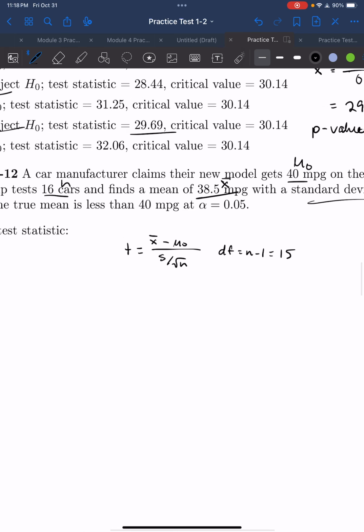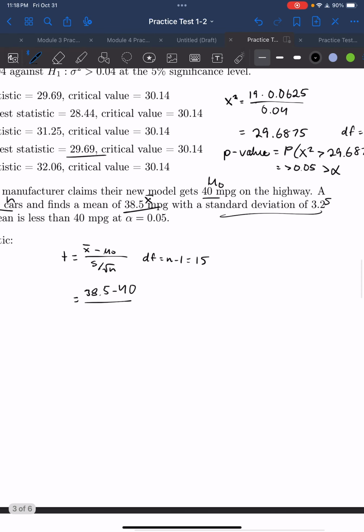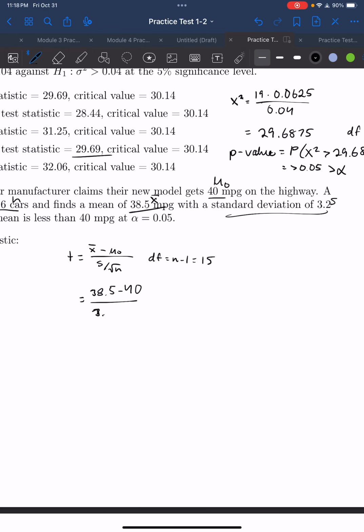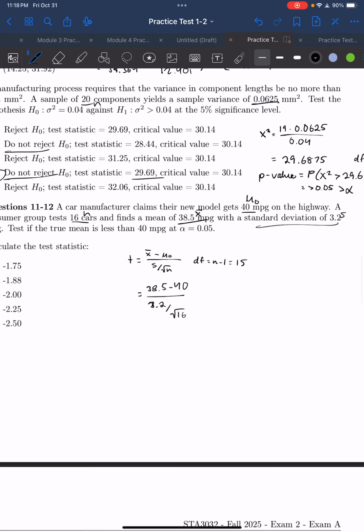So we can plug all of that in, and we get 38.5 minus 40 divided by 3.2 divided by the square root of 16, which is our n.